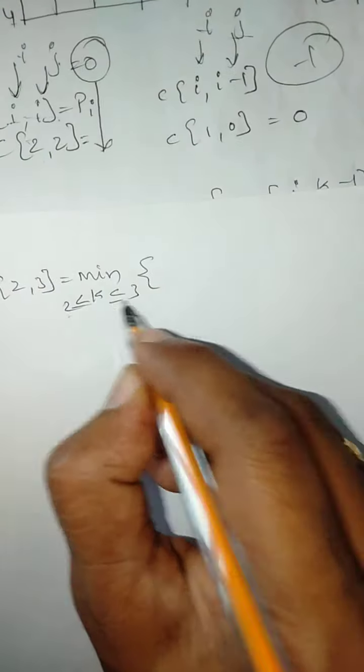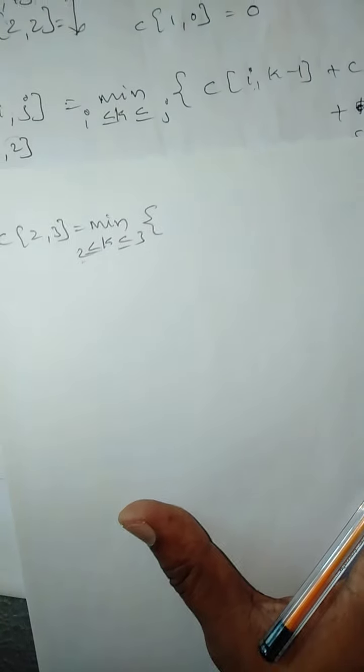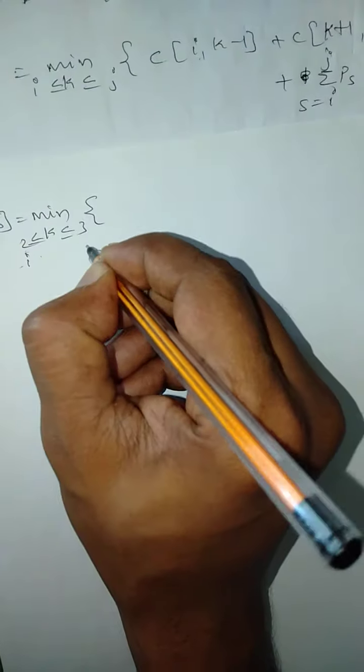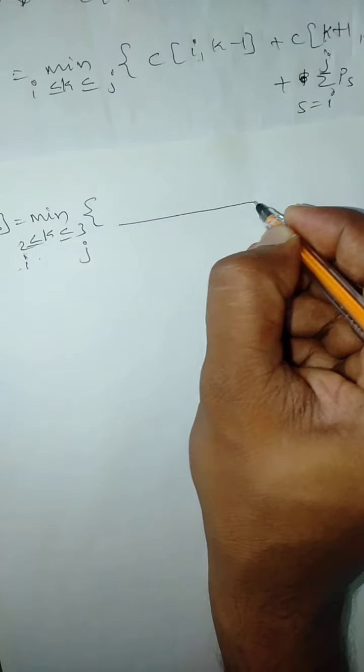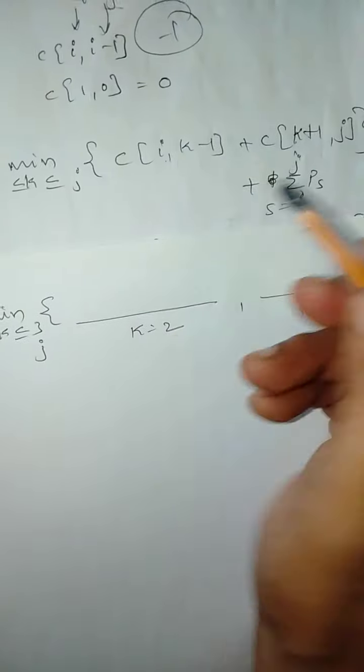So k value takes 2 and 3, so look at the formula. In this case, i value is 2 and j value is 3, and for k value 2 comma k value 3, I have to find the sub values.